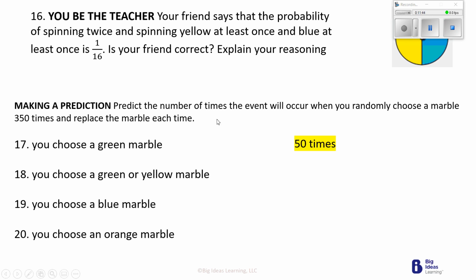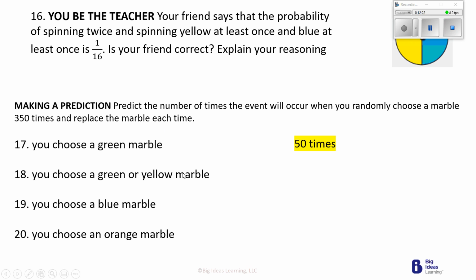Doesn't really tell me how many green marbles are in there.